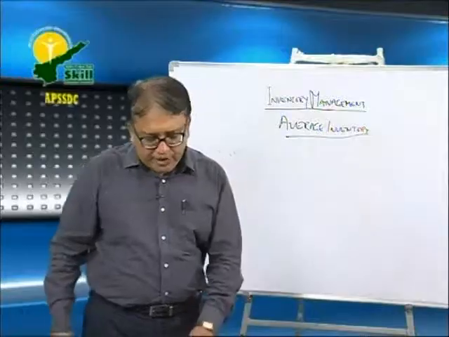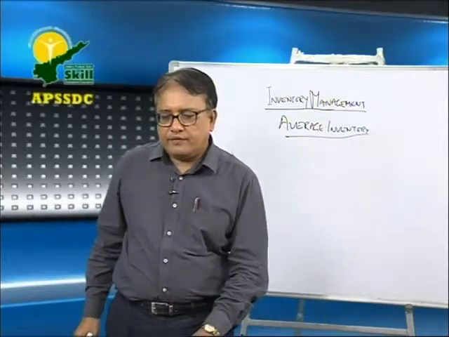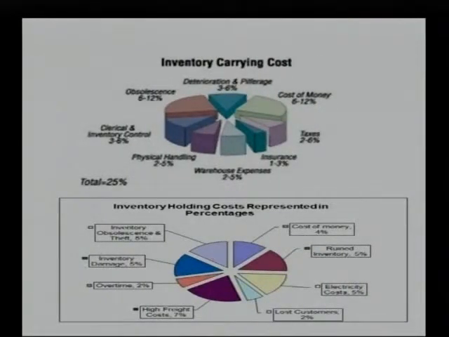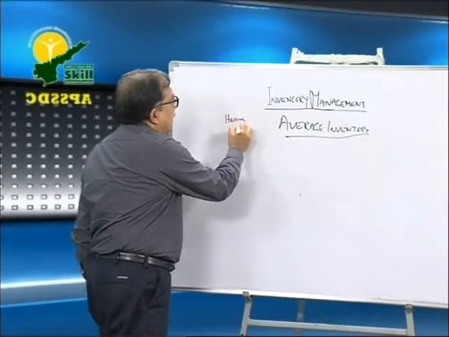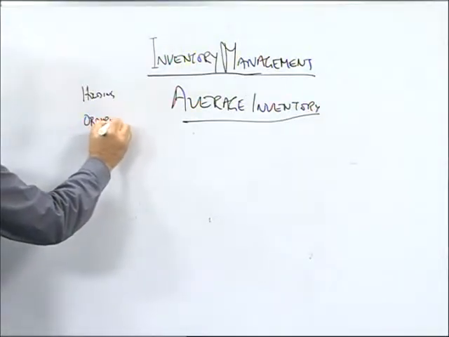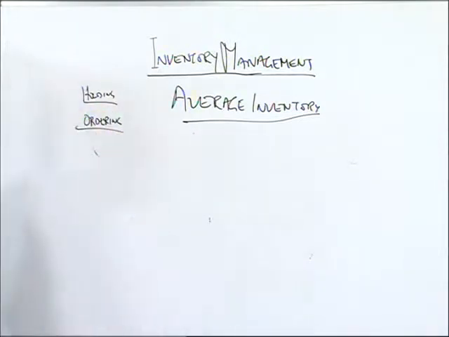Now, in the previous slide, we will just go back to the previous slide, and we said there are two types of cost. One is holding and one is ordering. We have just seen the breakup of the holding cost.